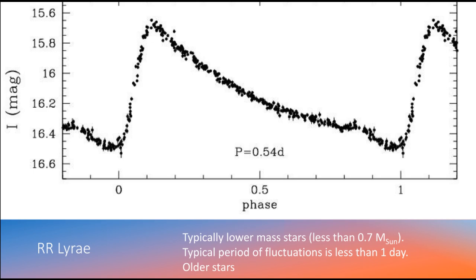These are stars that are typically lower mass stars, so they can be much older, and they have fluctuations over less than or around a day. In this example, the period of this oscillation is about half of a day, and you can see the change in magnitude is about 1 from the dimmest the star will be to the brightest it will be.